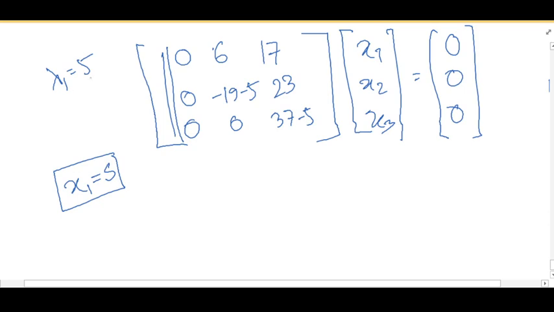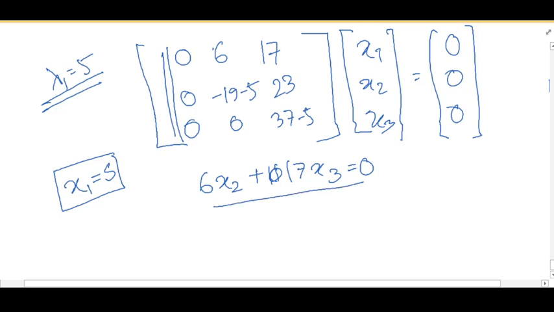For lambda 1 equals 5, from the first equation we get 6x2 plus 17x3 equals 0.